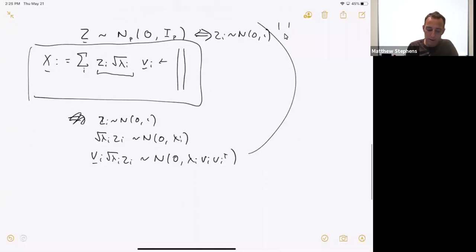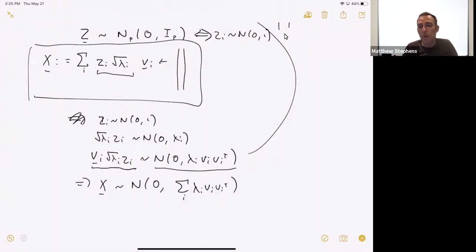So x is the sum of these, so x is normal 0, the sum over i of lambda i vi vi transpose, because it's the sum of these, and these are each normal, and if you sum normals you get a normal.